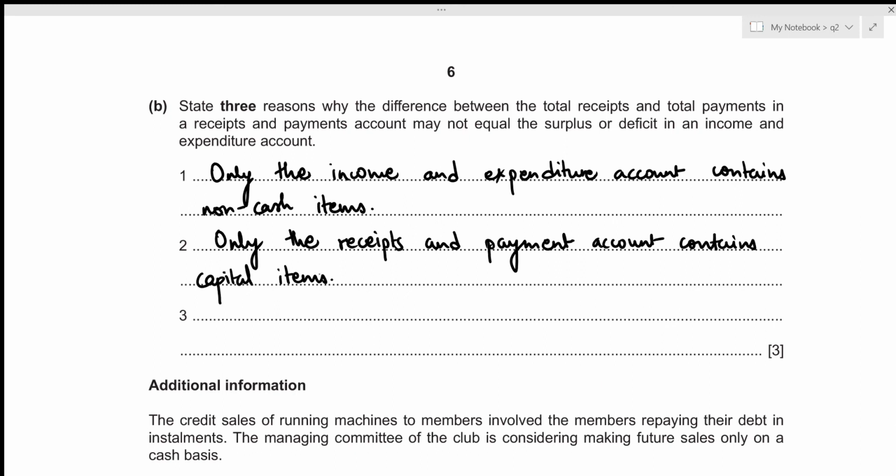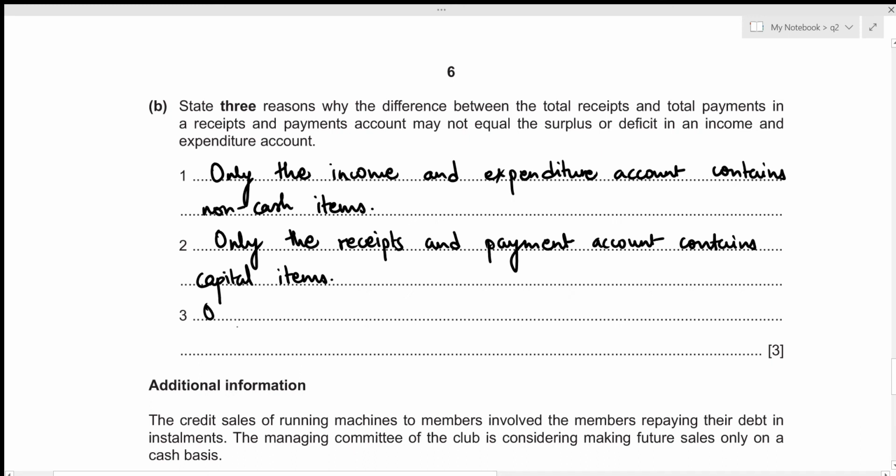Then lastly, we can say that we have adjusted all of the prepayments or advance payments as well as the accruals or yet to be paid amounts in our income and expenditure account only, and those are not adjusted in our receipts and payments account. So let's write it down.